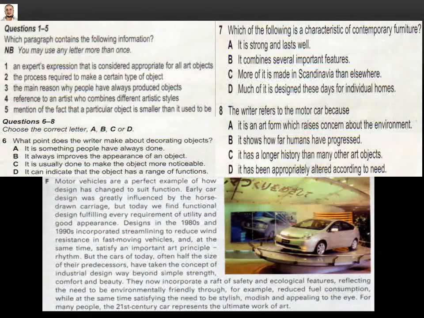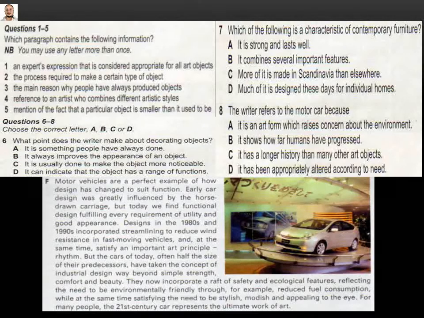They now incorporate a raft of safety and ecological features reflecting the need to be environmentally friendly, for example reducing the fuel consumption while at the same time satisfying the need to be stylish, modish and appealing to the eye. For many people, the 21st century car represents the ultimate work of art.